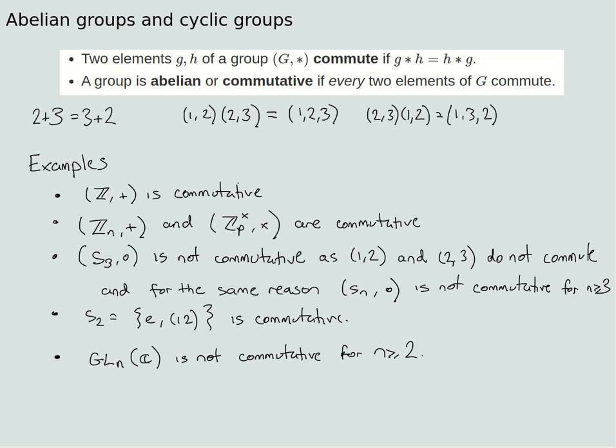There's nothing special about the complex numbers here. Similarly, GL_n(R), the group of all n by n invertible matrices with real entries, is also not commutative, so long as n is greater than or equal to 2.